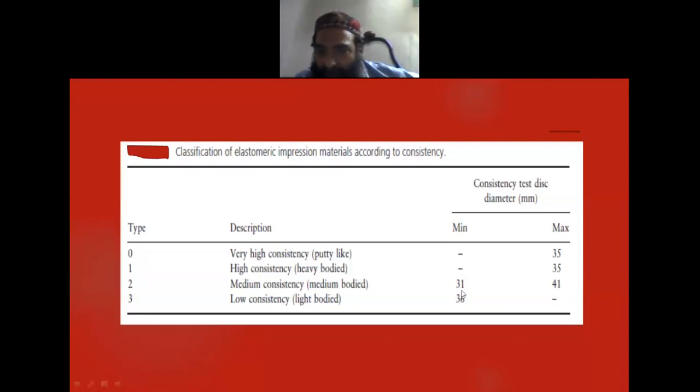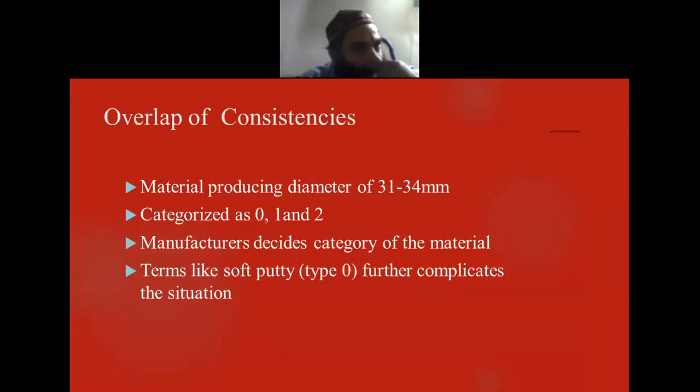It has a minimum diameter 31 and maximum of 41. And type 3, low consistency light bodied material, has a minimum 36 millimeter diameter on pressing between two plates, and the maximum is indefinite, not mentioned. So if we see, then overlap between different consistencies is evident.